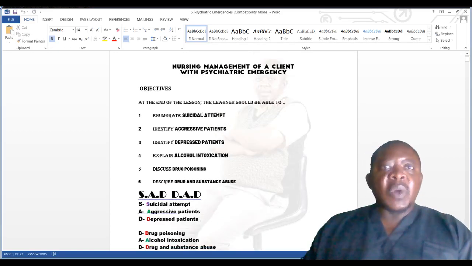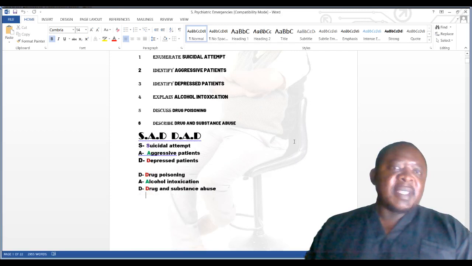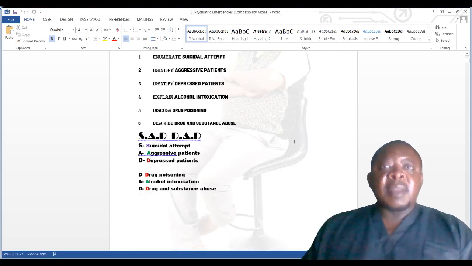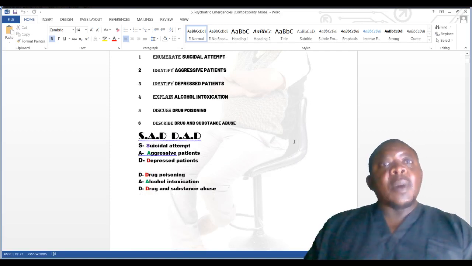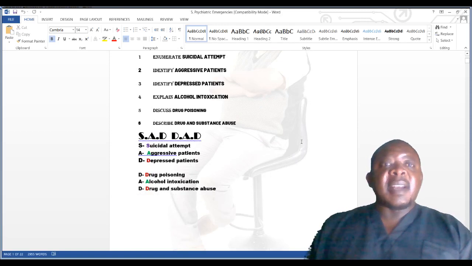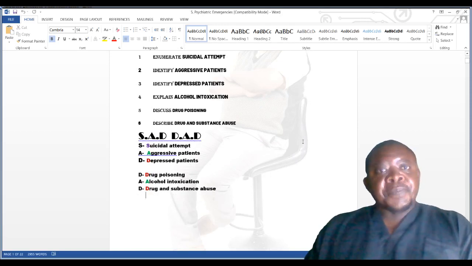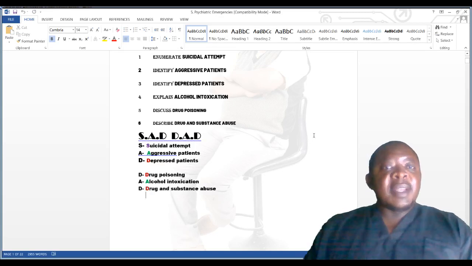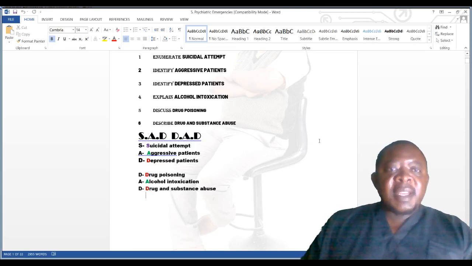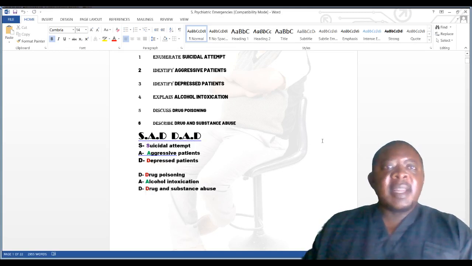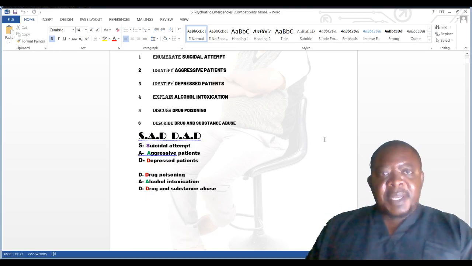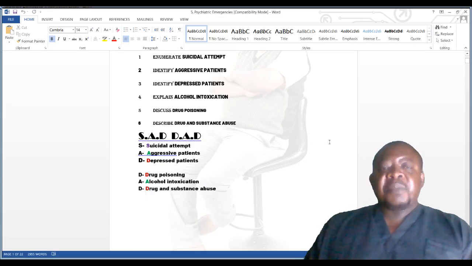So, nursing management of psychiatry emergencies. What are some of the psychiatry emergencies that are there? Remember that failure to identify some of these psychiatry emergencies makes me a sad dad. A sad dad here is a mnemonic for S, suicidal attempt; A, aggressive patients; D, depressed patients.